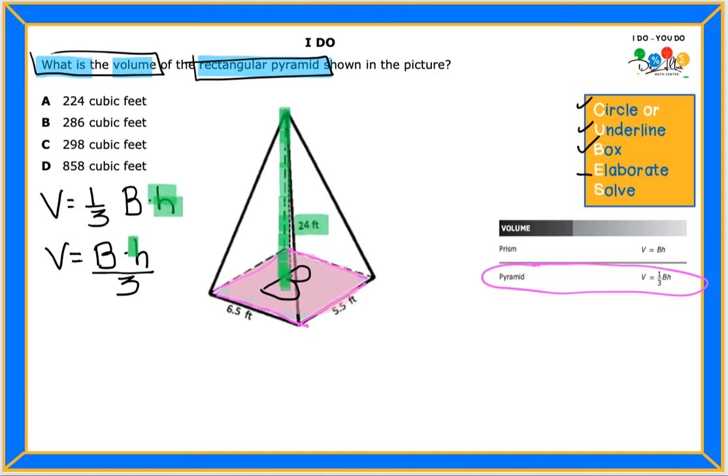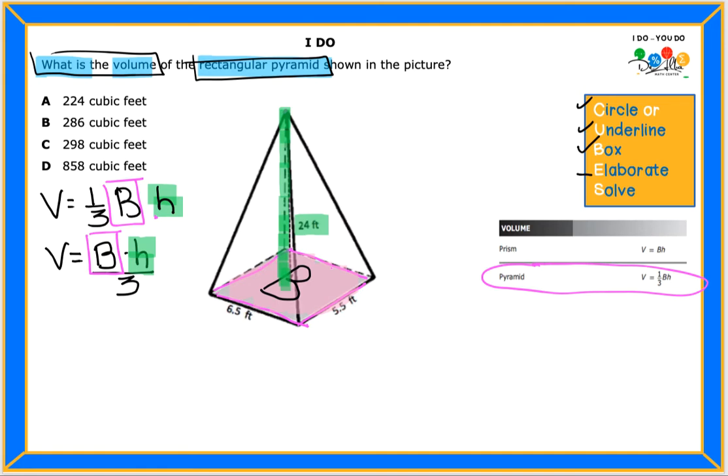So this is what we're going to use as the height. For the area of the base, it's not a triangle, it's going to be a rectangle, so I'm going to erase that. It's going to be, instead, the area of the rectangle, because this base is a rectangle.